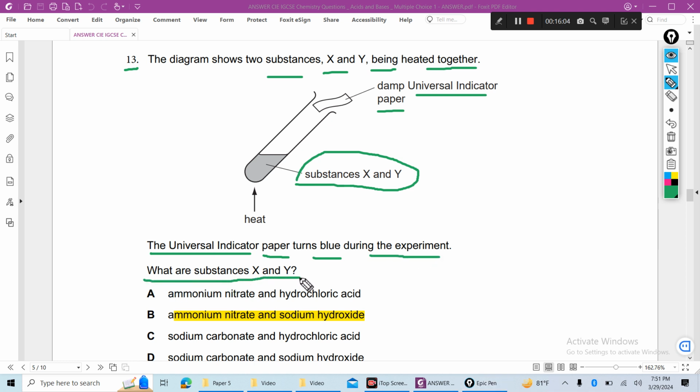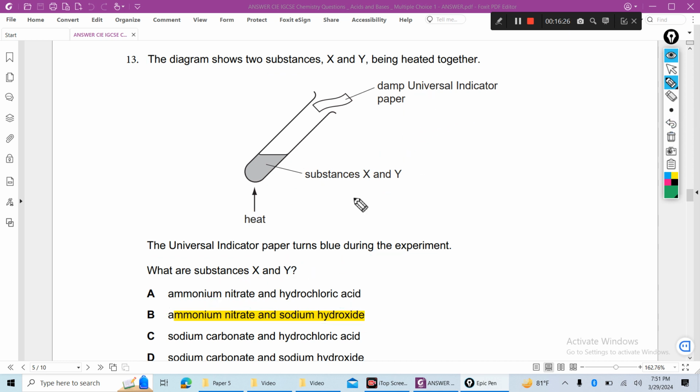What are substances X and Y? Ammonium nitrate and sodium hydroxide. Any ammonium compound, if you add sodium hydroxide and gently warm, produces ammonia gas, which turns damp red litmus paper to blue. So the answer will be B.